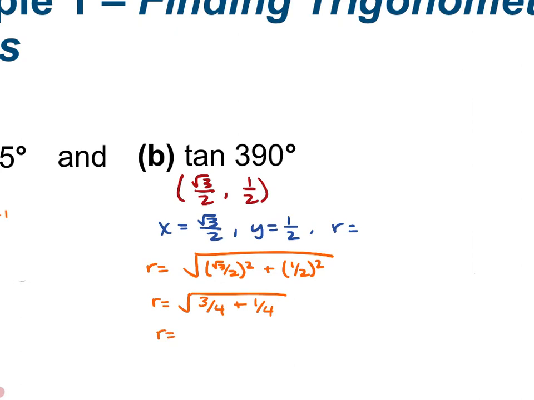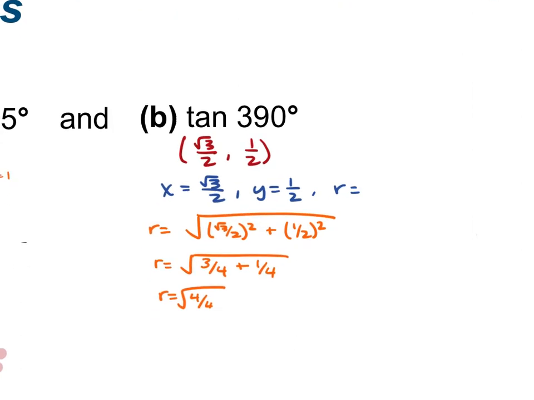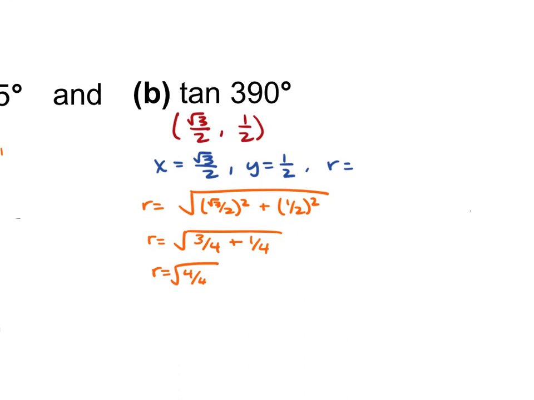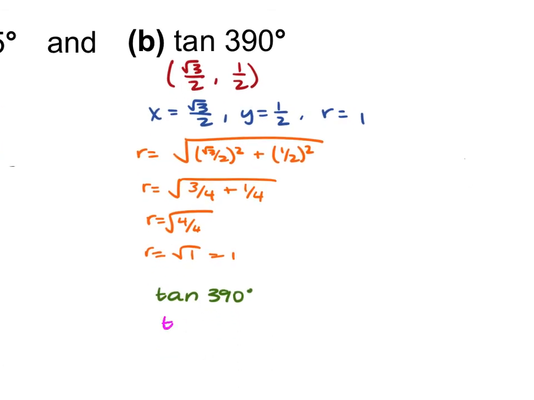So again, we have 4 over 4 underneath the radical. So that's just the square root of 1, which is 1. So r is 1. We're finding the tangent of 390 degrees. Tangent is y over x.